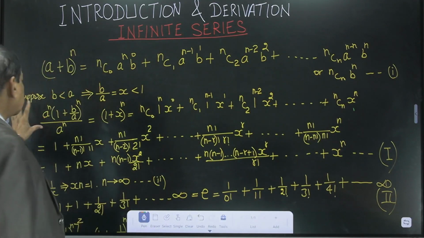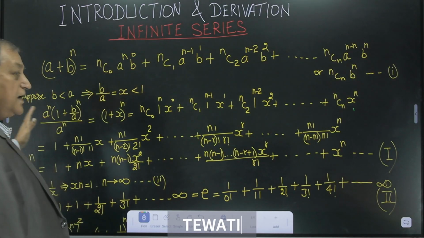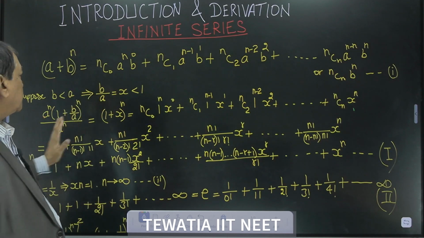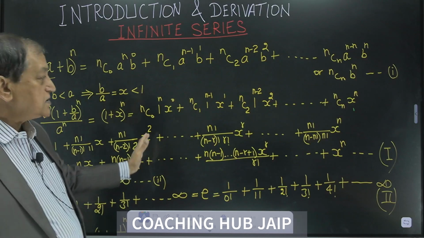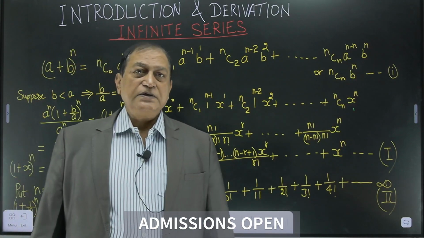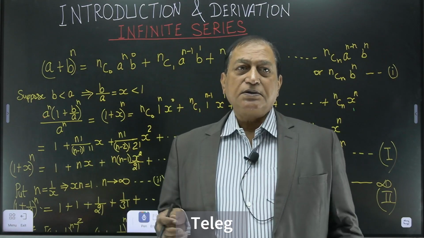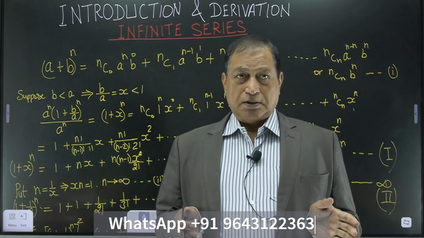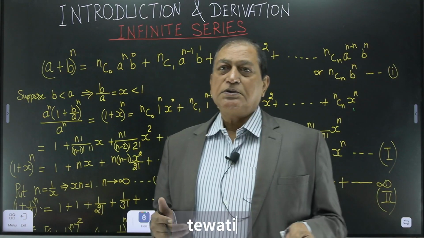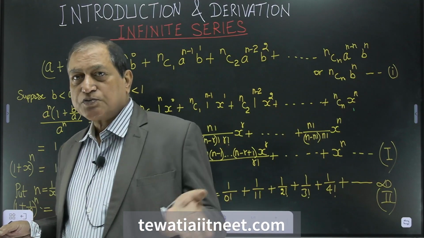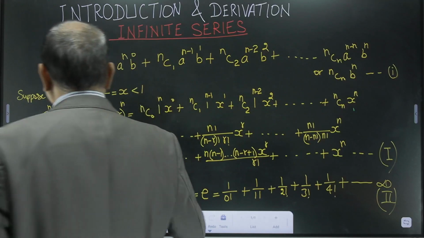Now this was applicable for any n as per your syllabus. I am not going deeper. This is applicable for x less than 1 when the series becomes infinite. When the series becomes infinite, higher powers of x become smaller and smaller, ultimately reducing to 0. So only the first few terms of the infinite series are useful and enough to evaluate the function.